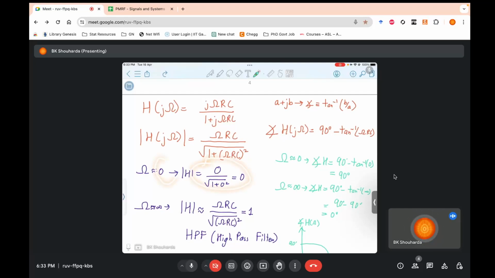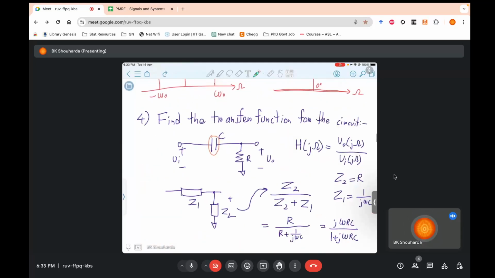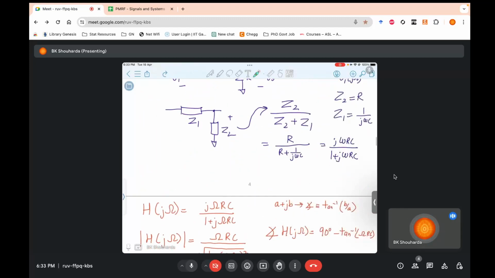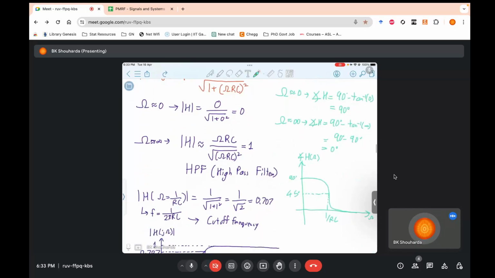That means it does not allow low frequencies to pass through. At omega tending to infinity, mod H is very close to 1. That is the maximum gain it can provide, which is 1, because this is not an active circuit. An active circuit can provide you gain greater than 1, but this is a passive circuit. And this is a bit about the phase.